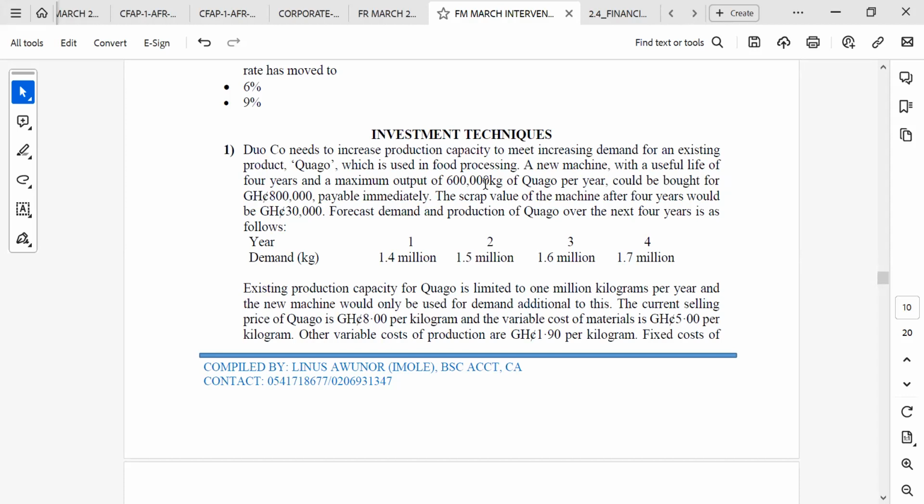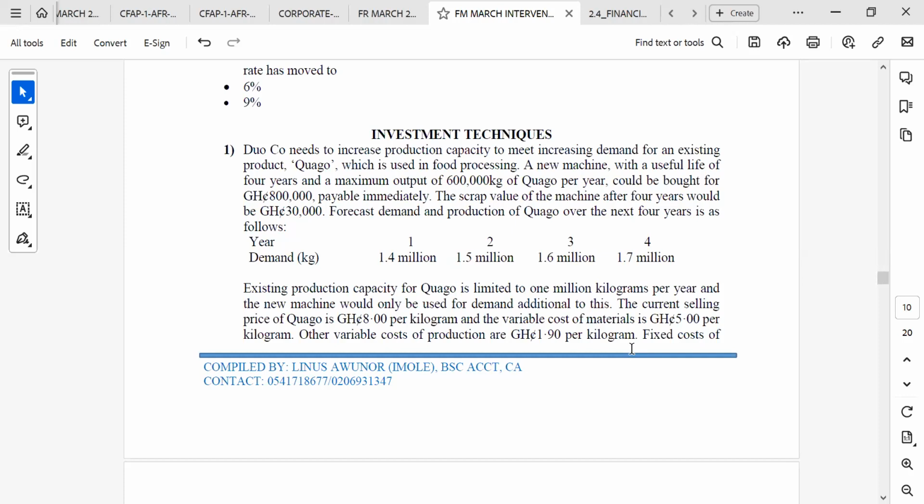The scrap value of the machine after 4 years would be 30,000 Ghana cedis. Forecast demand and production of Kwego over the next 4 years is as follows. Year 1, 2, 3, 4. The demand is 1.4 million for year 1, 1.5 for year 2, 1.6 for year 3, 1.7 for year 4.